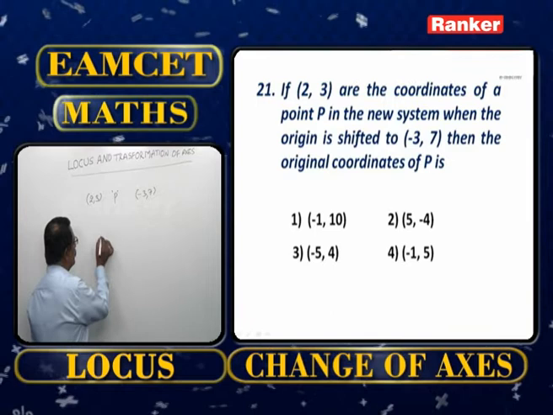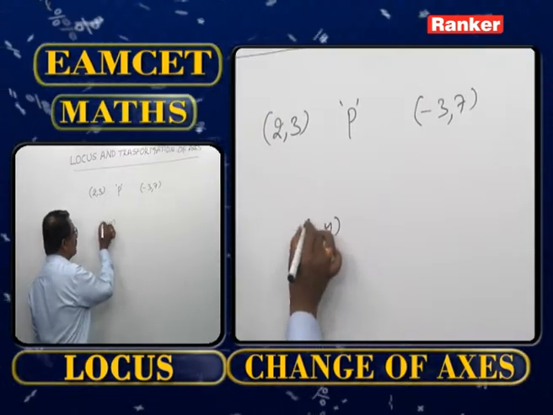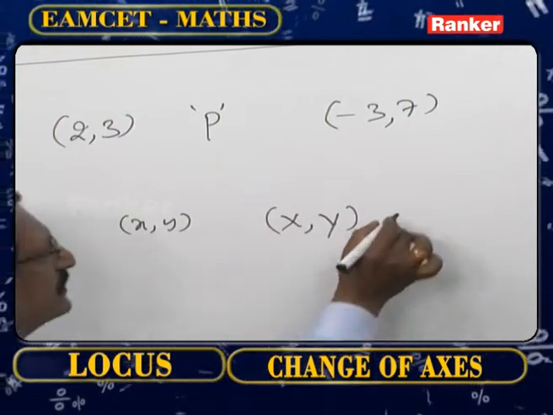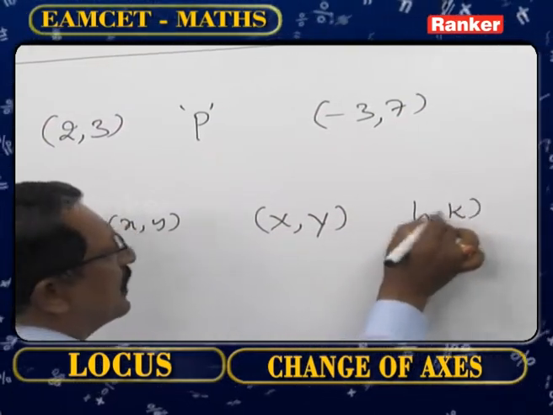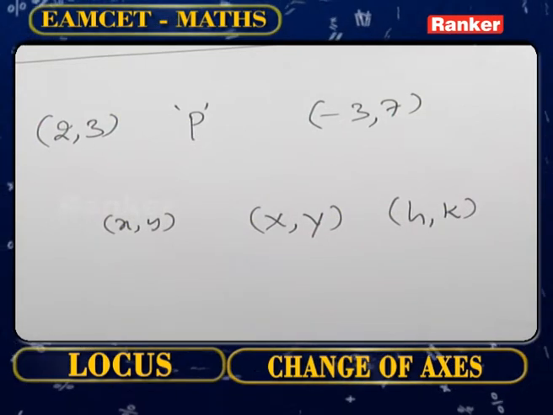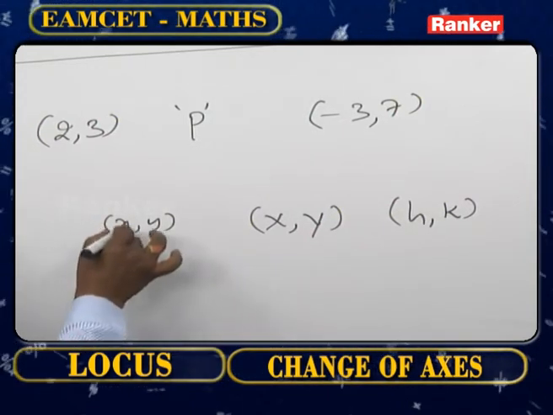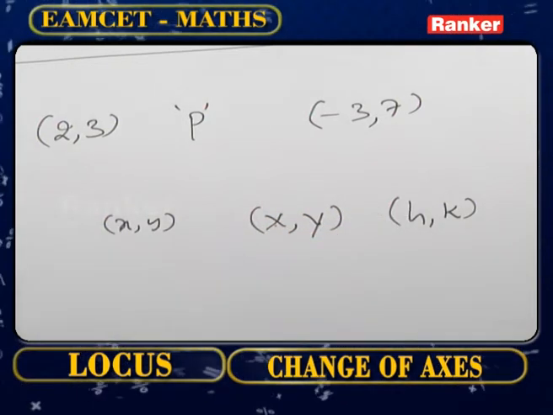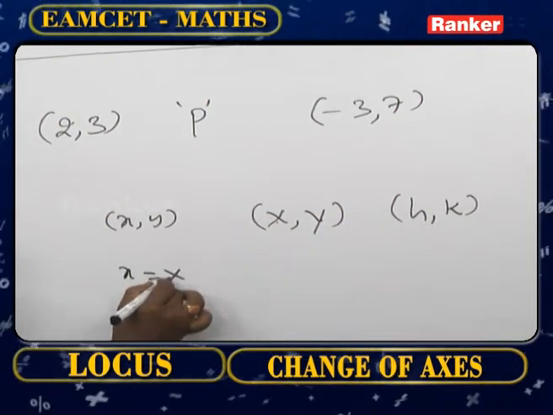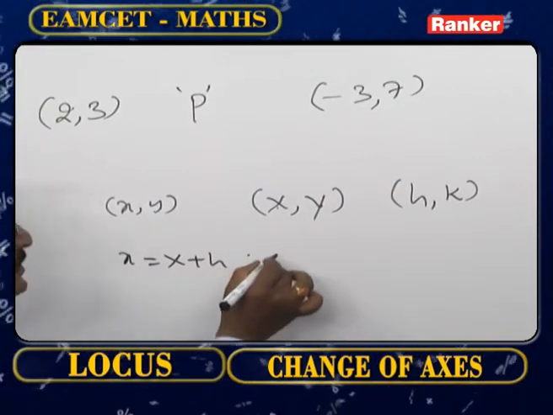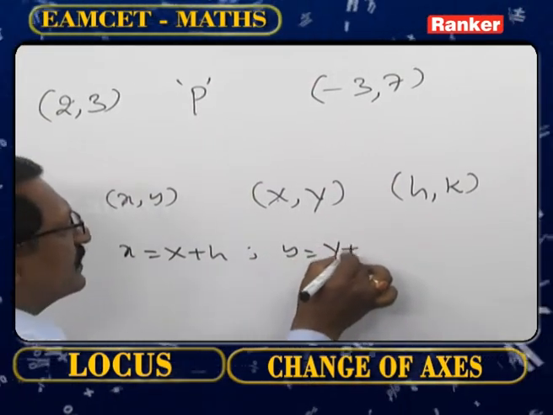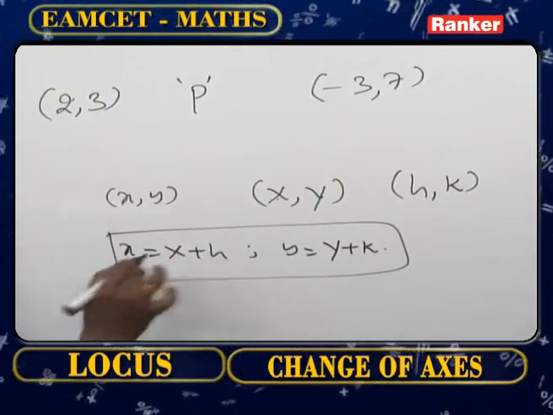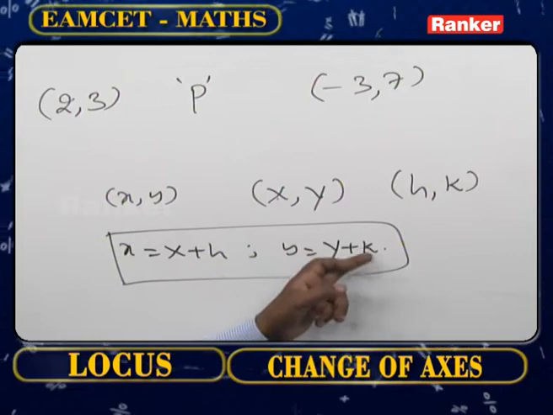Now, suppose the original coordinates of a point are x, y, the new system point is capital X, capital Y, and the origin is shifted to the point h, k. Then the relation between small x, small y, capital X, capital Y and h, k is x equals capital X plus h, y equals capital Y plus k.